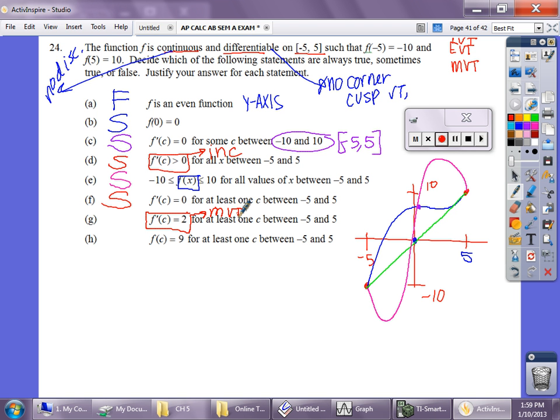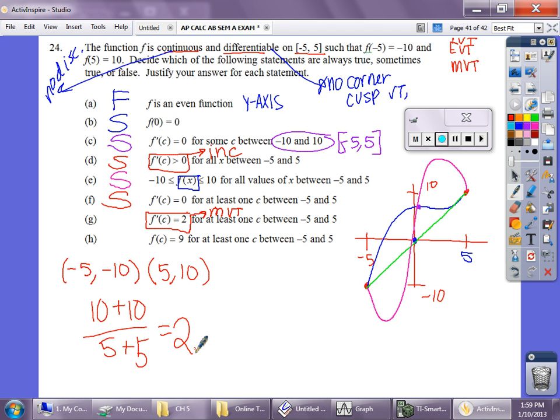So I'm doing a slope from -5 comma -10 until 5 comma 10. So 10 minus -10 all over 5 minus -5. And yes, the slope there is 2. So MVT will guarantee this always. So that would be a completely true statement for letter G because of MVT.